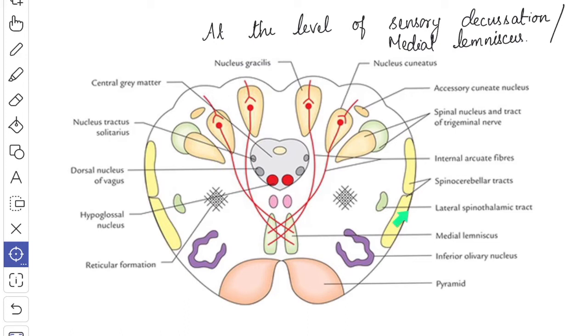Then you have the spinocerebellar and the lateral spinothalamic tract in the anterolateral area of the lateral white column. The lateral and the anterior spinothalamic tract are very close to each other and they collectively form the spinal lemniscus.